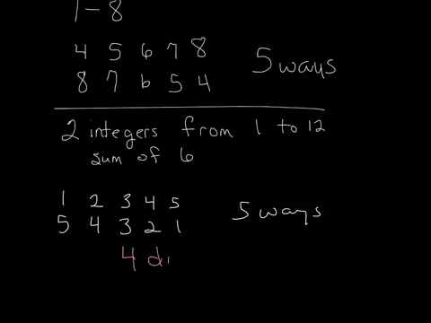If we go back and think about the first example, say we don't have replacement. I can't put the number back in the box. How many different ways could we come up with 12 on that first example?